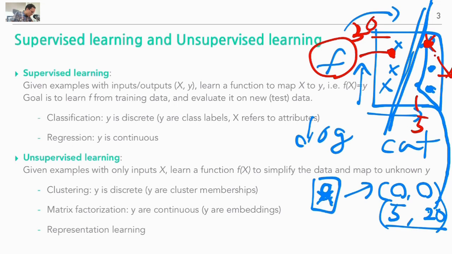Another category of task is unsupervised learning. Without knowing the Y, the output label, we learn the function to simplify the data. The goal of unsupervised learning is to understand the data.